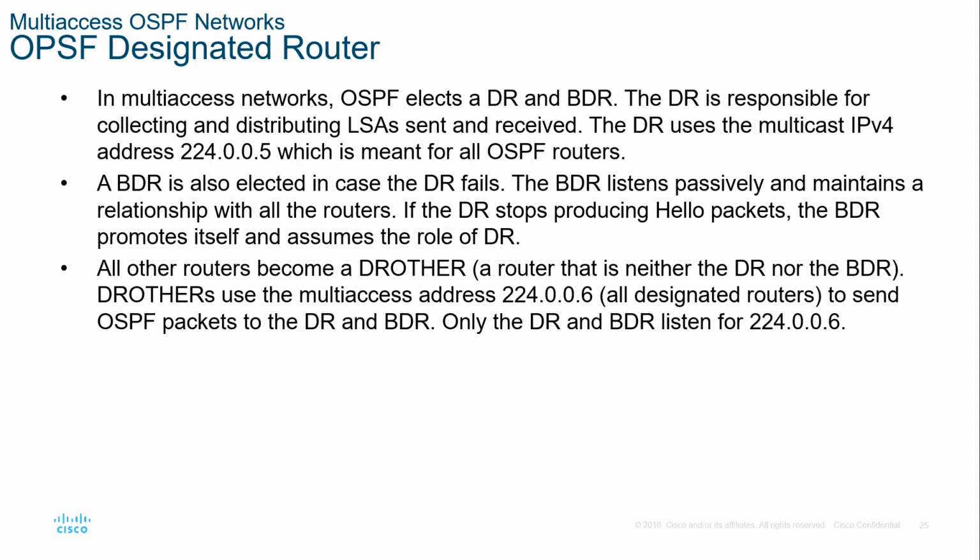Again, the DR others send OSPF packets to the DR and BDR, while only the DR and BDR will listen for 224.0.0.6. So again, here the DR other will send to that multicast address, and that's a clever way of saying send to the DR and BDR.